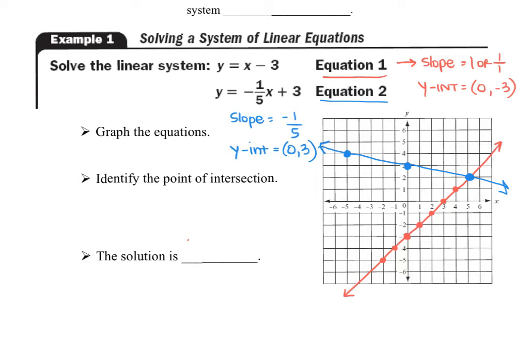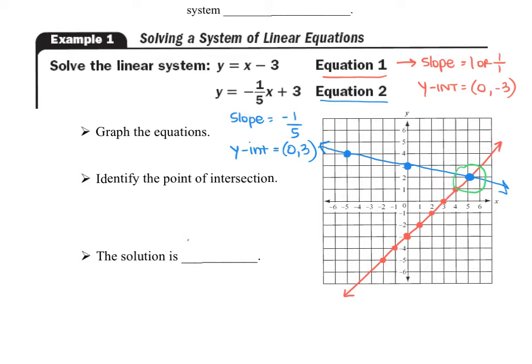So if I want the point that is a solution to equation 1 and equation 2, hopefully you can look at this graph and see that it would be that point right there where they intersect, because that point is on the red line and the blue line, making it a solution to both equation 1 and equation 2.